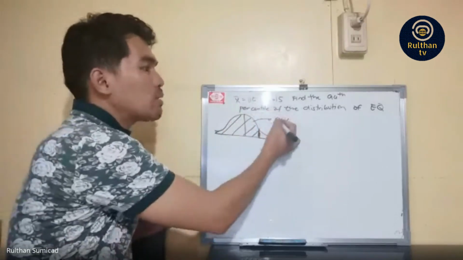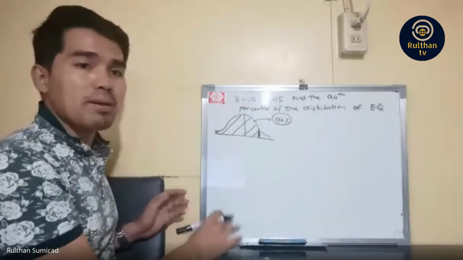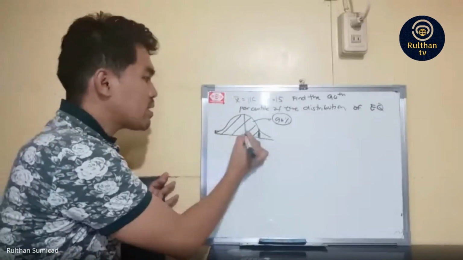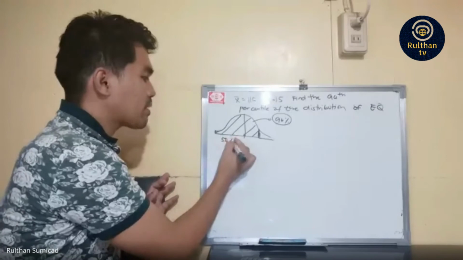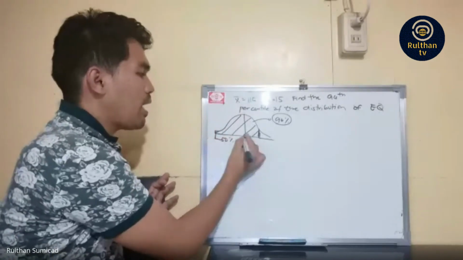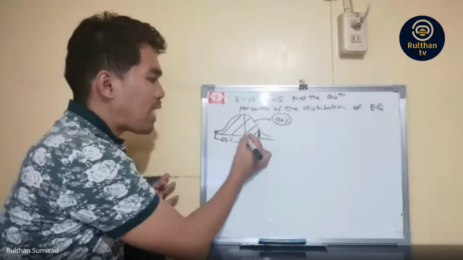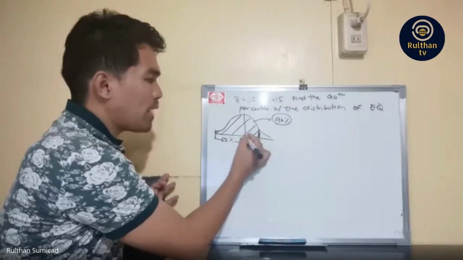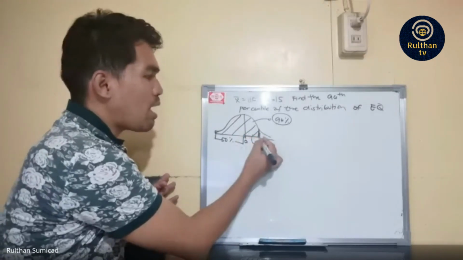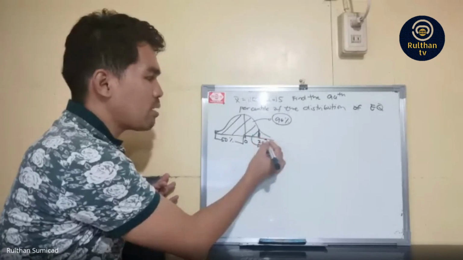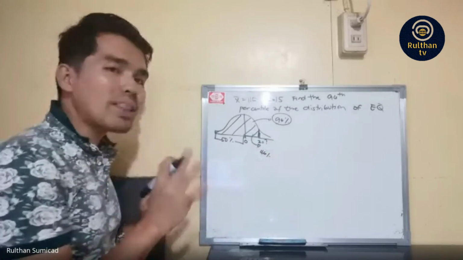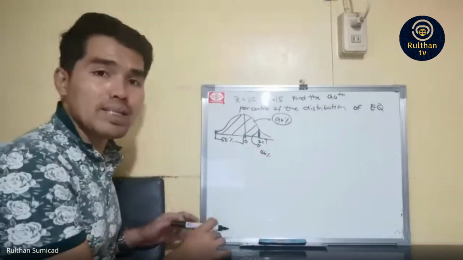We're going to look now for 96%, but of course the table does not provide us 96%. We all know that this is already 50% from this point up until here. We just have to find this area from 0 up until the z here, which is unknown, and it is equivalent to 46%. Now, what is the z value equivalent to 46%?